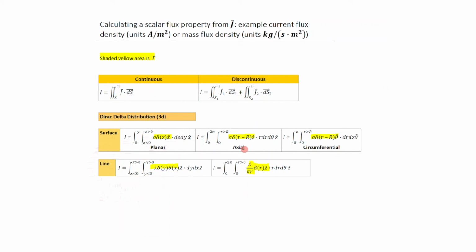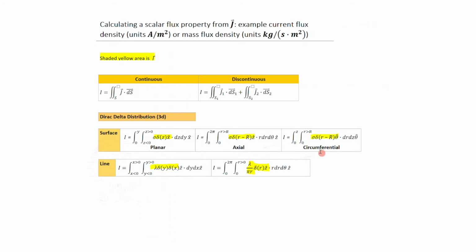In the case of current flux density flowing on the surface of a cylinder of radius r in the axial direction, then clearly it's the z-hat direction, and this represents the current flux density along the z-hat direction. So in this case, we would want to pick a surface area whose orientation vector is z-hat, but in cylindrical coordinates, the differential area would be r dr d theta.